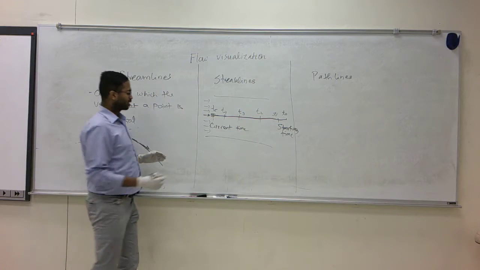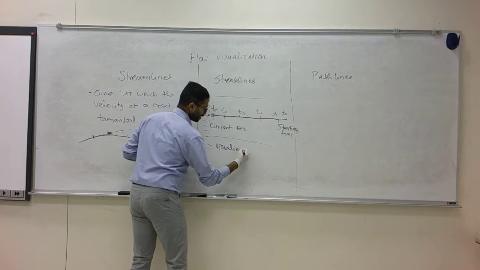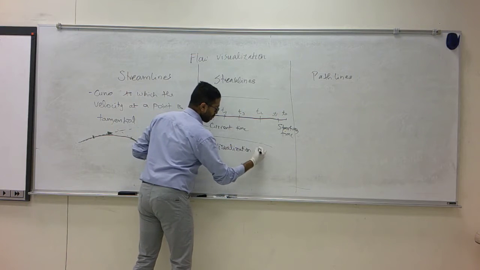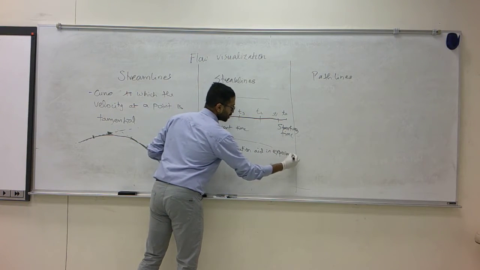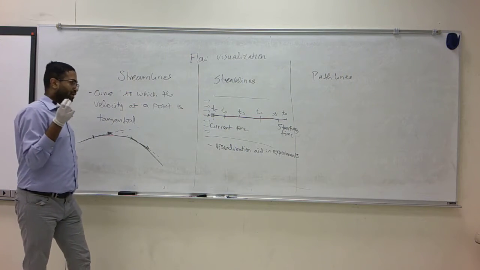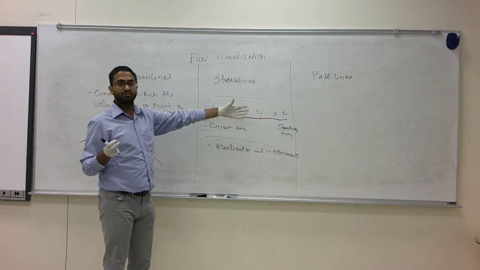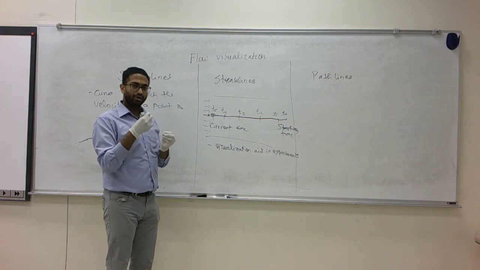The streak line is a common visualization tool in experiments. All you need to do is set up a dripper which has some dye that doesn't dissolve in this fluid, and something that can stay as a stable compound.